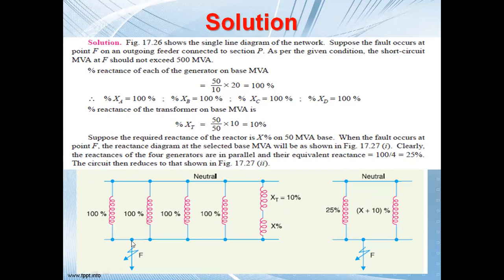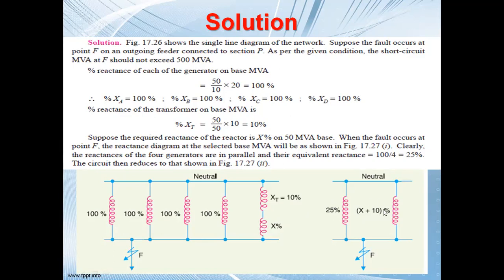Now the fault has occurred after this. We need to calculate the percentage reactance between this fault point and the generator terminal. All these 100% are in parallel, so this becomes 25%, and this plus this is X plus 10, because 10 is given.